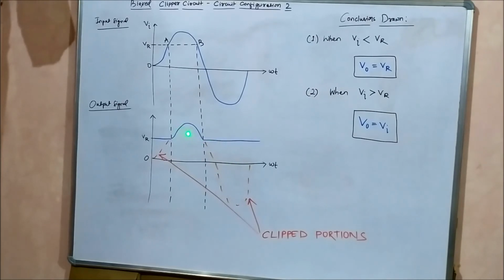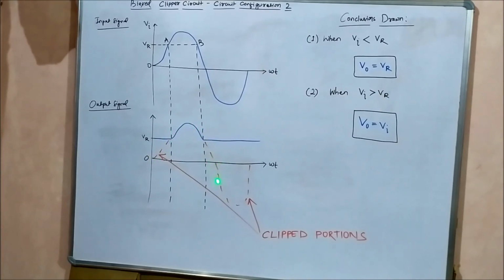But the half cycle where bits and pieces changes happen is considered to be the clipped signal. So here bits and pieces changes have happened to the positive half cycle. Certain portions have been retained, certain portions have been removed. So it is a positive bias clipper because changes have happened only in the positive half cycle.